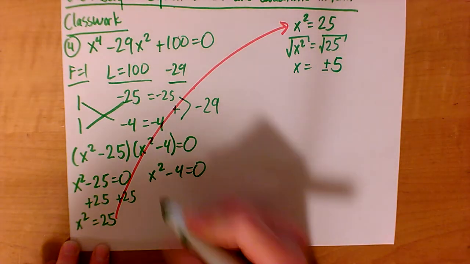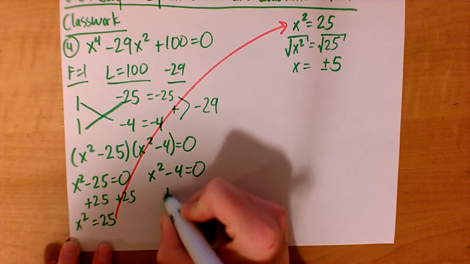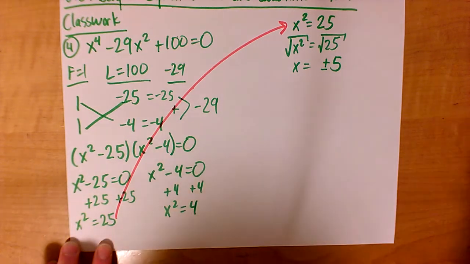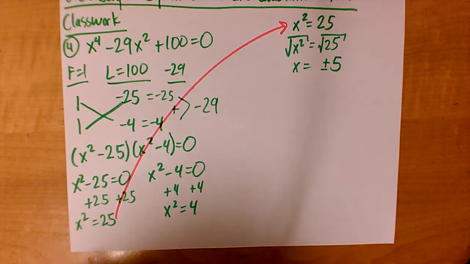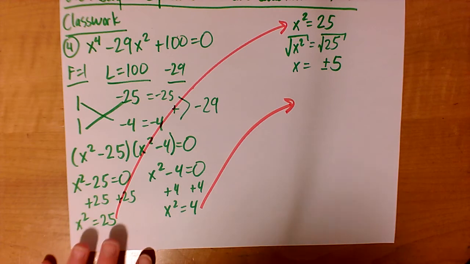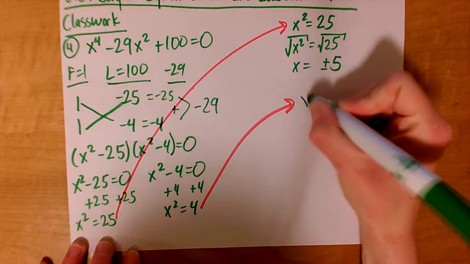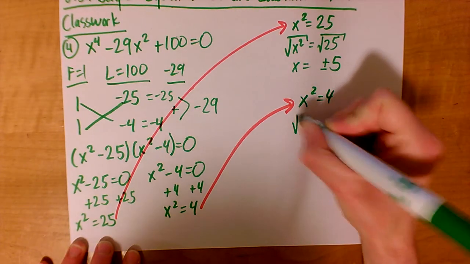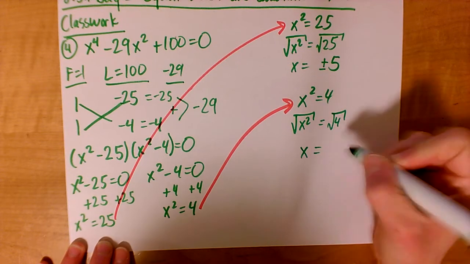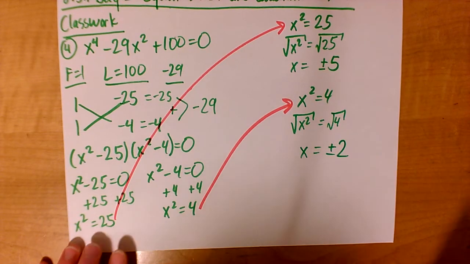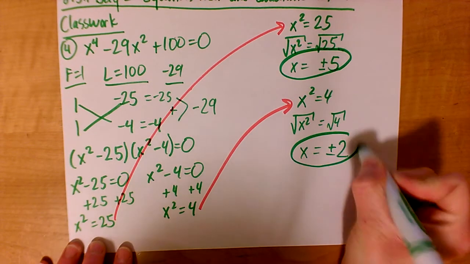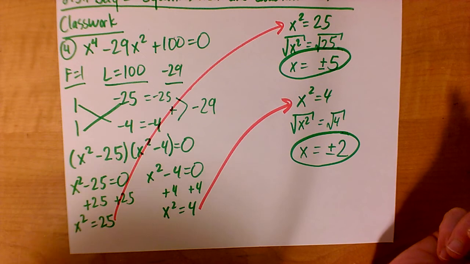And then down here, with the x squared minus 4 is 0, I can add 4 to both sides. I get x squared is 4, and then this is something that I can kick over here. And so if x squared equals 4, I can take the square root of both sides, and I get x is plus or minus 2. So my 4 solutions: x is plus or minus 5, and x is plus or minus 2.